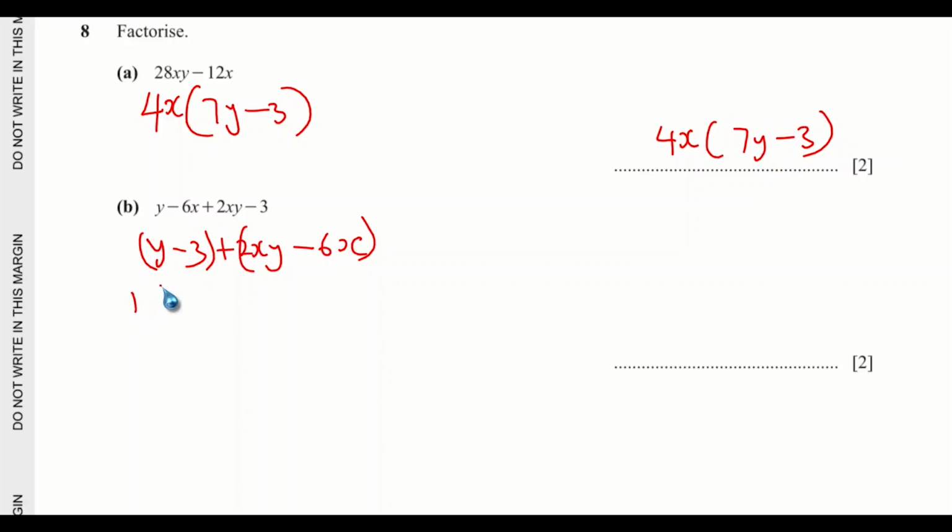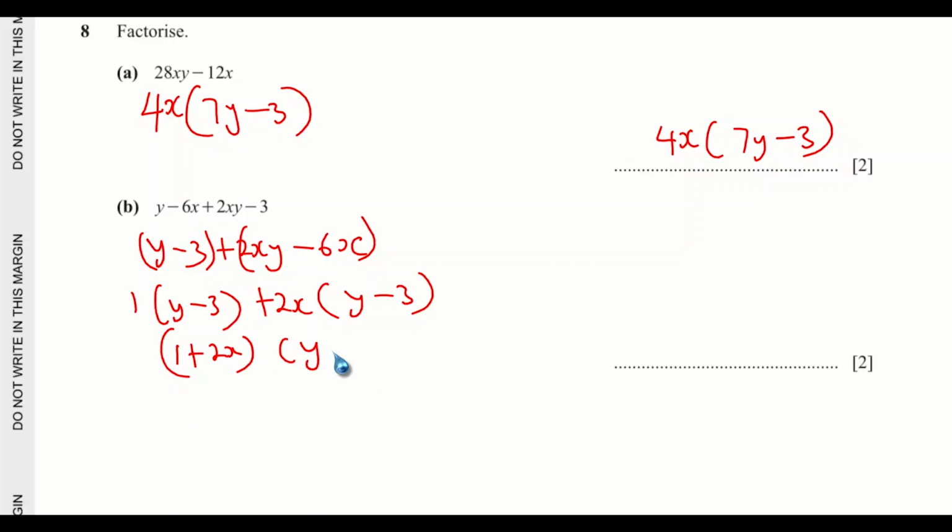So that will be 1 into y minus 3, plus 2x into y minus 3. So the final answer will be 1 plus 2x into y minus 3. Let's take that again: 1 plus 2x into y minus 3.